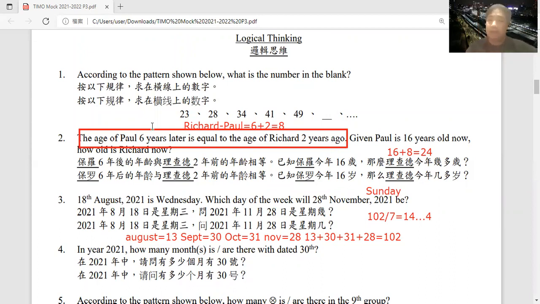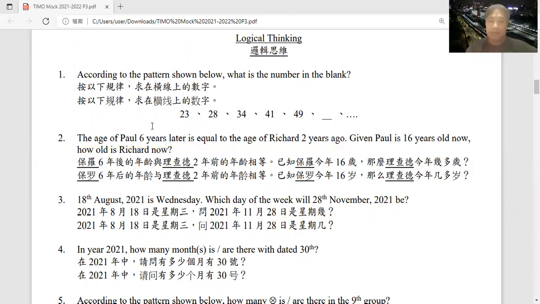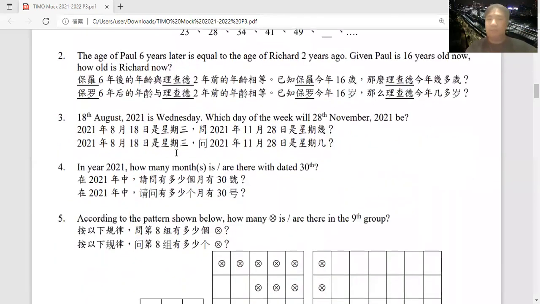Next one. In the year 2021, how many months are there with a 30th date? This is a familiar IQ question. Please don't get it wrong, because only February has 28 days.